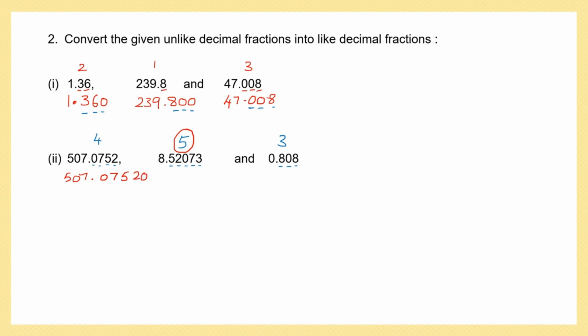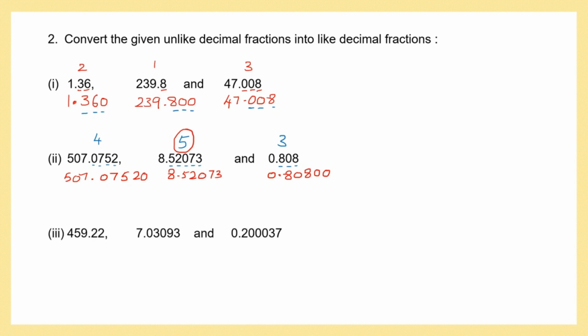The second one already has 5 decimal places, 52073, and the third one, 0.808. This has only 3, so we're going to add 2 more zeros and make it 5 decimal places. So all 3 numbers now have 5 decimal places.